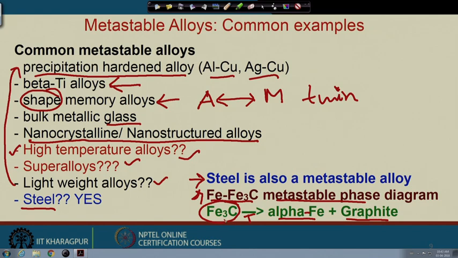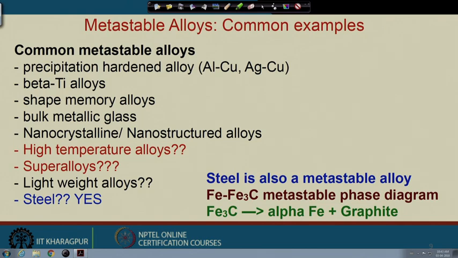Iron carbide will simply decompose into two phases, alpha iron and graphite. Graphite is more stable. So steel is also metastable, and if we develop advanced steels, we can call them advanced metastable alloys.